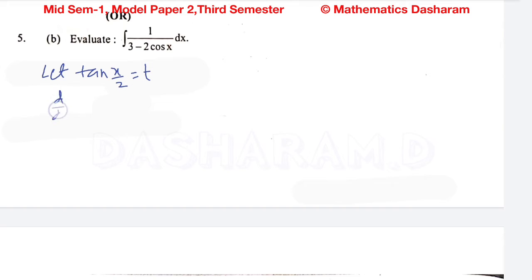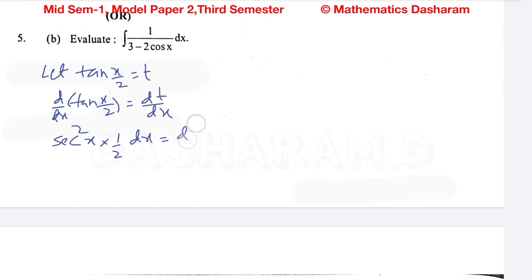Next, take the derivative: d by dx of tan x by 2 equals dt by dx. The derivative of tan x is secant square x, and the derivative of x by 2 is 1 by 2, and this dx is transposed to the left side, so secant square x by 2 into 1 by 2 dx equals dt. Next, secant square x by 2 can be written as 1 plus tan square x by 2.